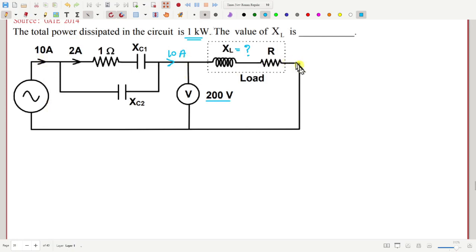And how much is this current here? Again 10. Here we have 2 ampere. Then across this resistance, how much is the power dissipated? I square R is 4 watt. So across this resistance, how much is the power?